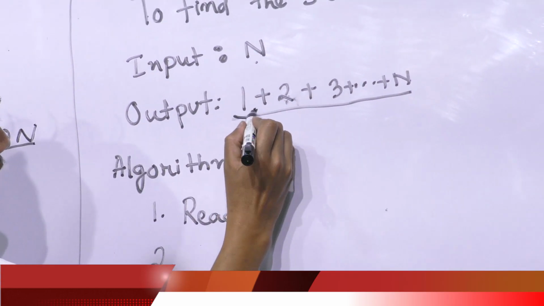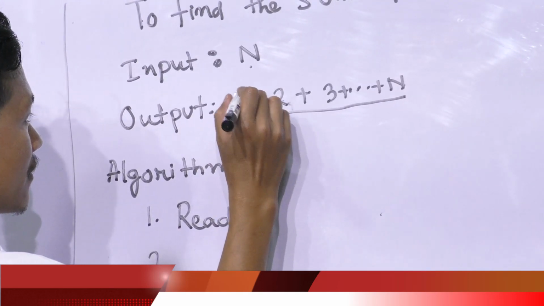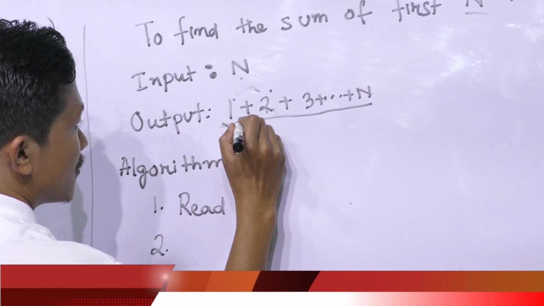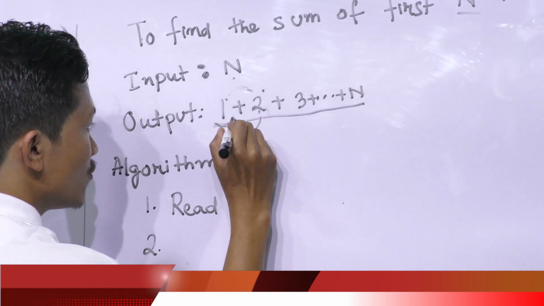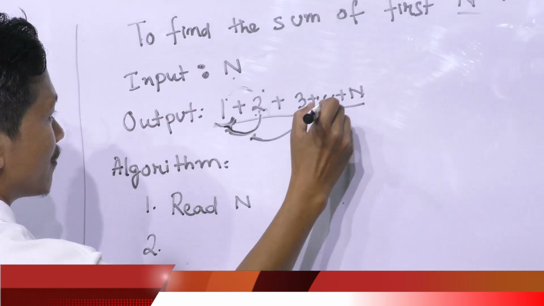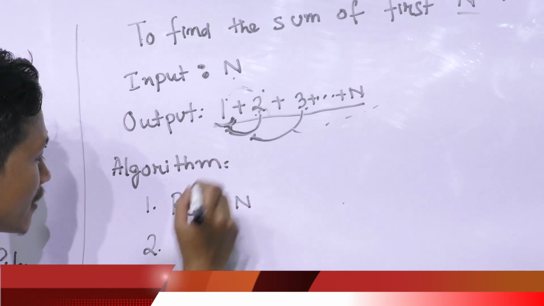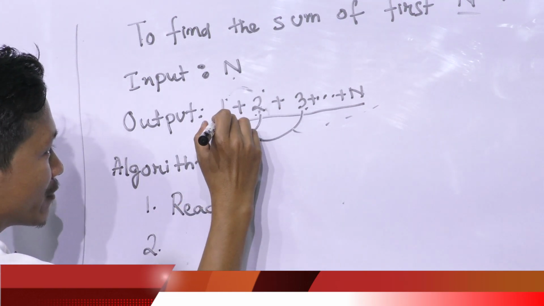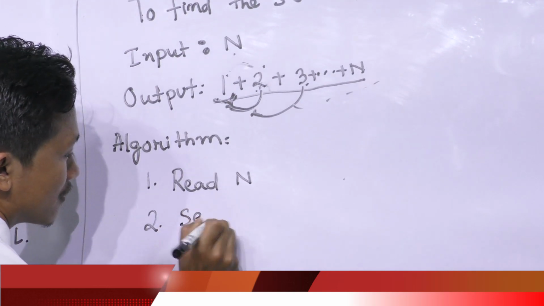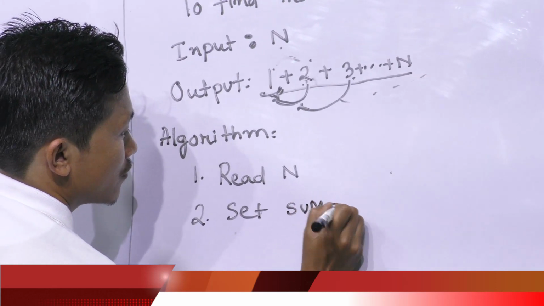While performing this summation, we have to add up the consecutive numbers one by one. First we add 1, then we add 2, after that we add 3 to the sum of 1 and 2. Proceeding this way, we find the total sum. So we have to initialize this intermediate sum to 0. So set sum equal to 0.